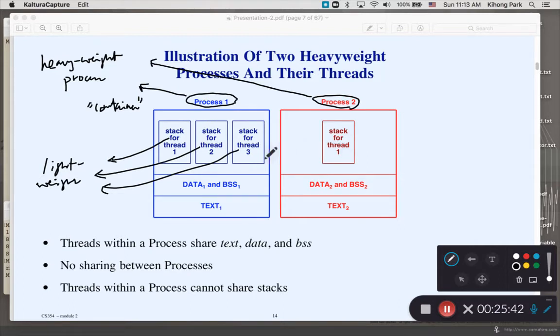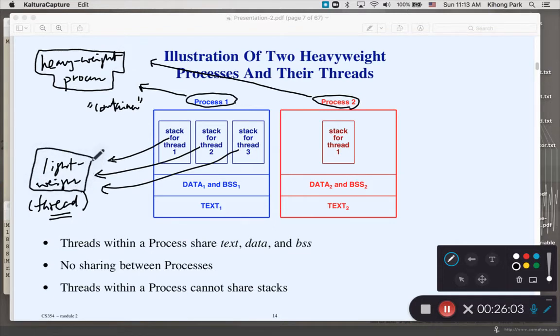Now, these lightweight processes are often called just threads. And we will sometimes just use them as threads, but to be perfectly clear, it's more transparent to call them by this longer name: heavyweight and lightweight processes. So what's the big difference here?